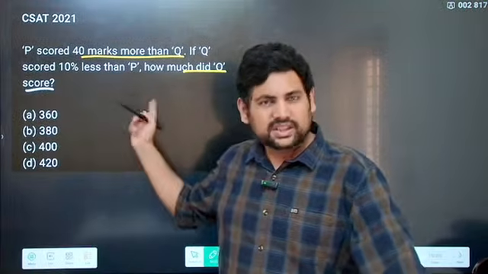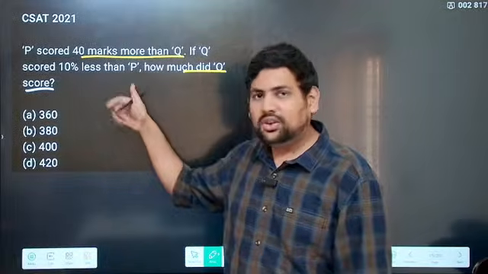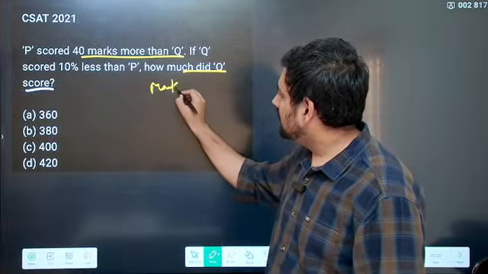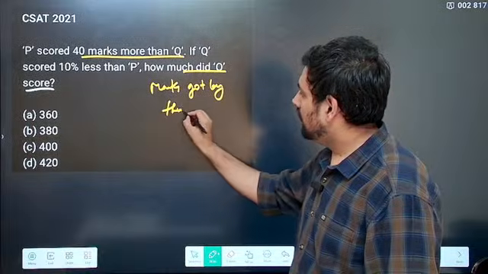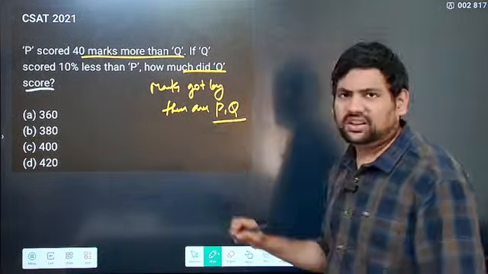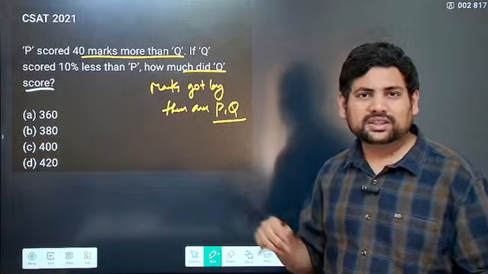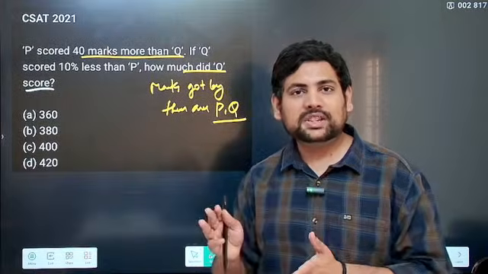Now, this is the question. So, what should be the variables? I assign variables: the marks got by them are P and Q respectively. So, P got P marks, Q got Q marks.